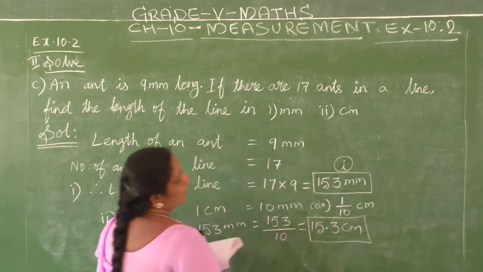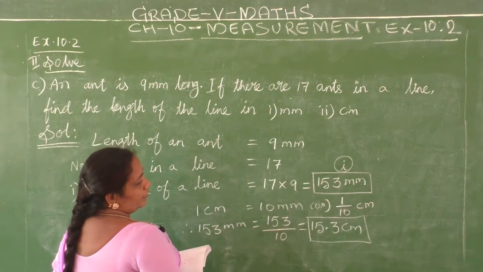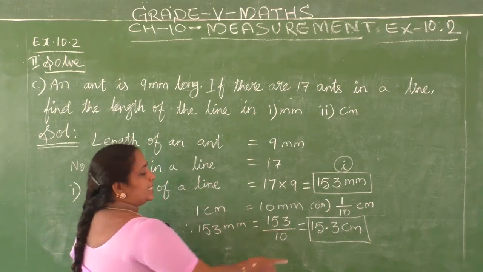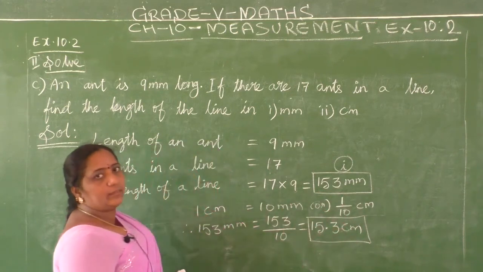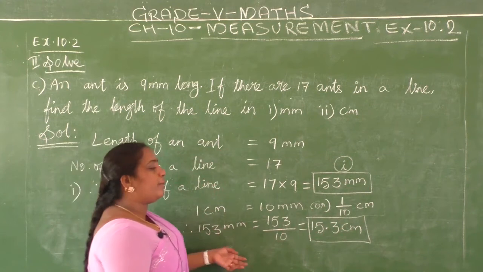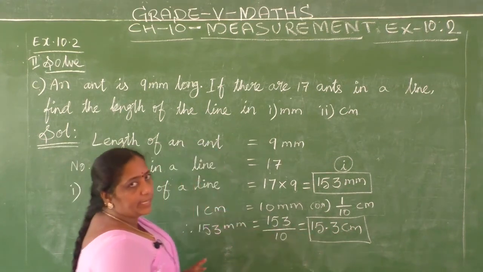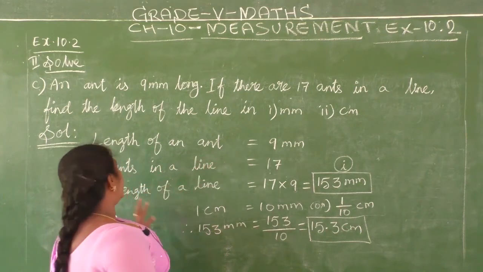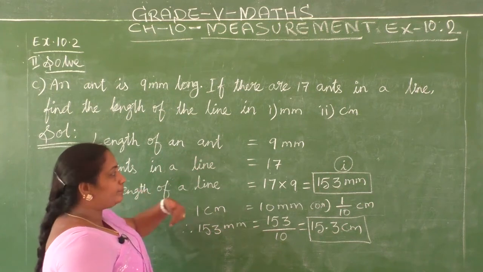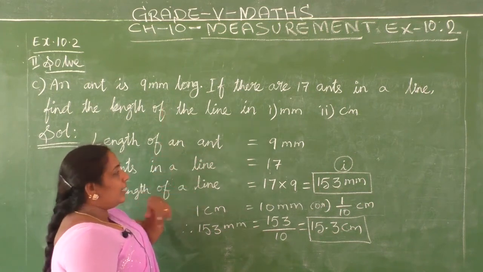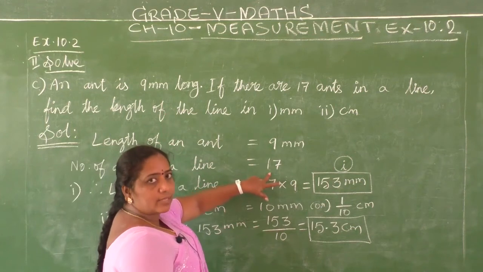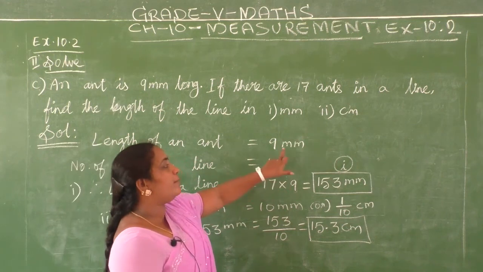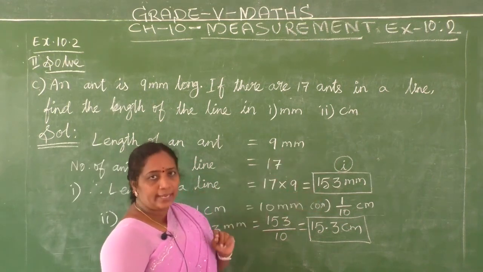So what is the length of the line? In millimeter the length of the line is 153 millimeter. In centimeter it is 15.3 centimeter. Once again I repeat it, ma. Length of an ant, they gave 9 millimeter. Now we are going to find the length of a line. On that line 17 ants are there. Length of a line means we have to multiply this 17 by 9 and we get 153 millimeter.